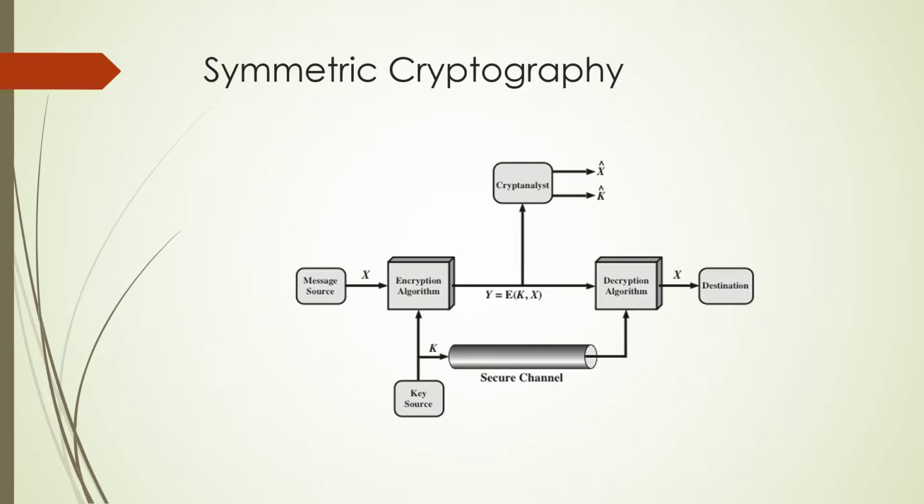Normally the key is sent through a secure channel that is secured in a way other than the symmetric encryption, because that secure channel should exist before you start the symmetric cryptography. Sometimes this secure channel is created using public key cryptography, which we will discuss in future chapters.